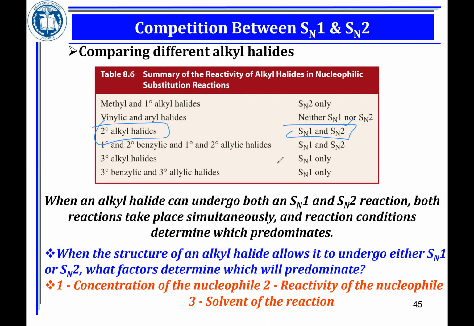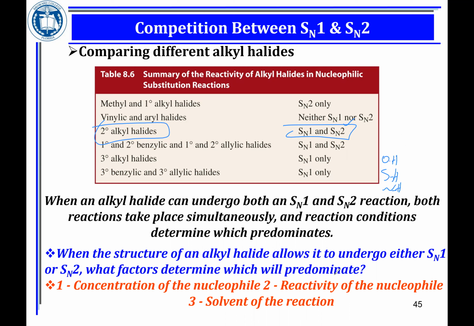Aprotic. No water, no alcohol. Aprotic is going to be good for SN2, like acetone, dimethyl sulfoxide, methylene chloride, something that doesn't have ionizable hydrogen. You don't want protic solvents. These have SH, NH, OH, ionizable hydrogen.